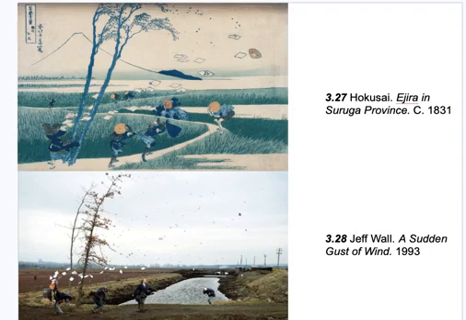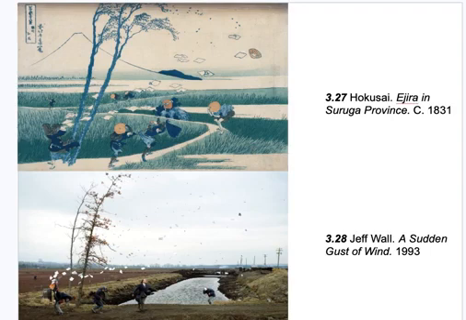What is missing in Jeff Wall's version of this? Mount Fuji. There is no Mount Fuji in the background. Side note about Hokusai's painting up there. It's from a series actually titled 36 Views of Mount Fuji.